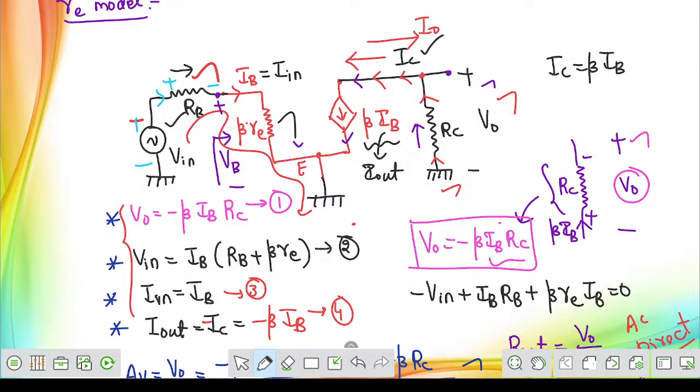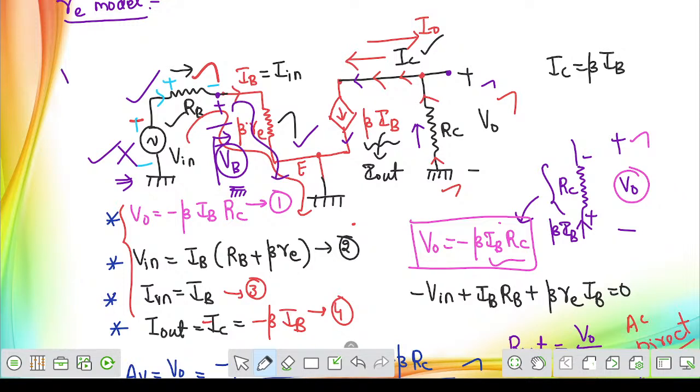For the given transistor, instead of focusing on external parameters, only for the given transistor, if they are asking the voltage gain, in that case, you will have to assume there is a voltage here that is connected with the ground. They will mention this point. From here, you will have to measure all the parameters. Don't consider this input voltage. I was doing all this analysis by considering the overall voltage gain, by treating the overall circuit from the input point. If they are highlighting the arrow mark and requesting you to calculate the voltage gain or any other parameter, then repeat the same thing. Just again apply KVL here.